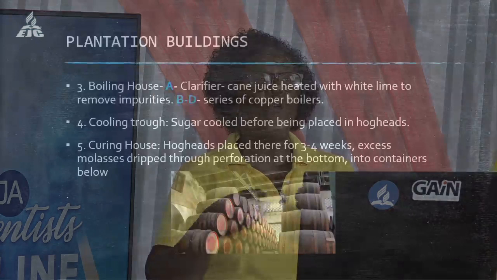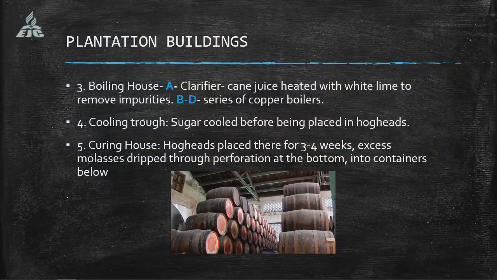Before cooling, the wet sugar was placed in what we call hogsheads. Now, hogsheads were wooden barrels to store the wet sugar. And then after being placed in the hogsheads, the last place that the wet sugar would be sent to would be the curing house.